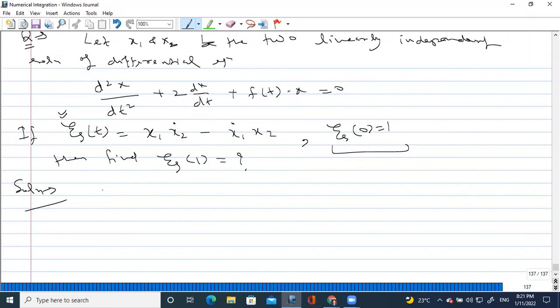First you declare here: xi(t) is equal to x1 x2 dot. This formula is given, we will not use it; it is just to recognize that this is the Wronskian.